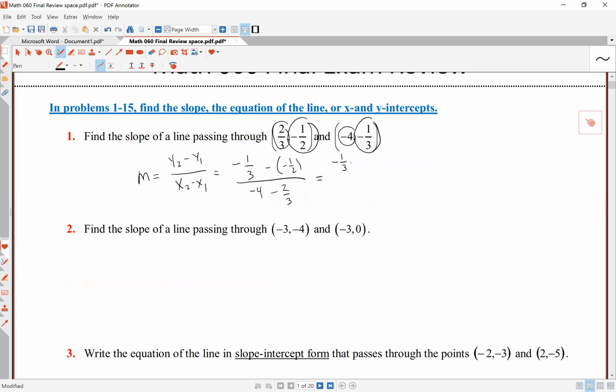Negative 1/3 plus 1/2, negative 4 minus 2/3.